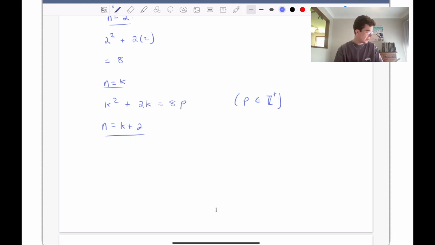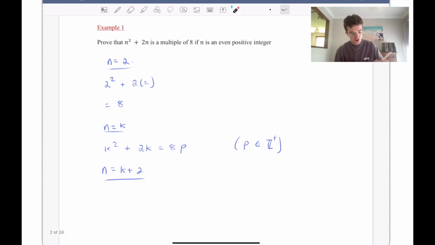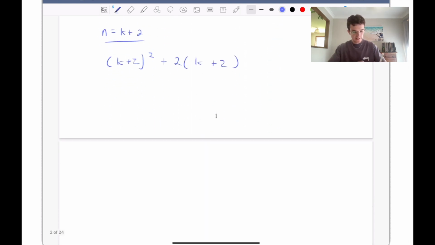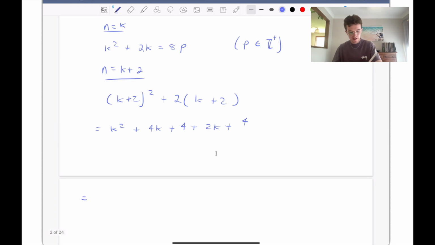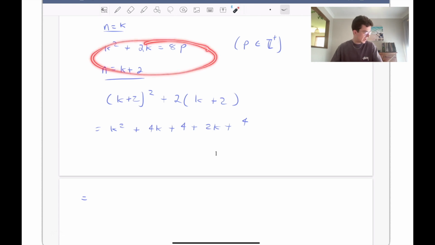So we're going to go, okay, well, the left-hand side, we've got k squared plus 2k is equal to our expression, so it's now going to be k plus 2 squared plus 2 times k plus 2, which if we expand, we're going to get k squared plus 4k plus 4 plus 2k plus 4, which is equal to, we're looking at how can we get k squared plus 2k.